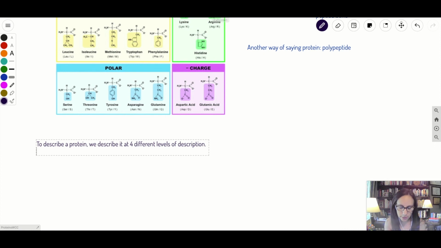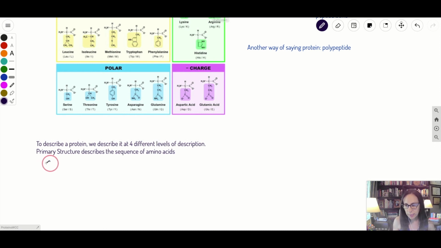So the first level is called the primary structure. Okay, so there's 4 different ones. The primary structure describes the sequence of amino acids. Another way that we write primary structure is like a 1 with a little degree sign.